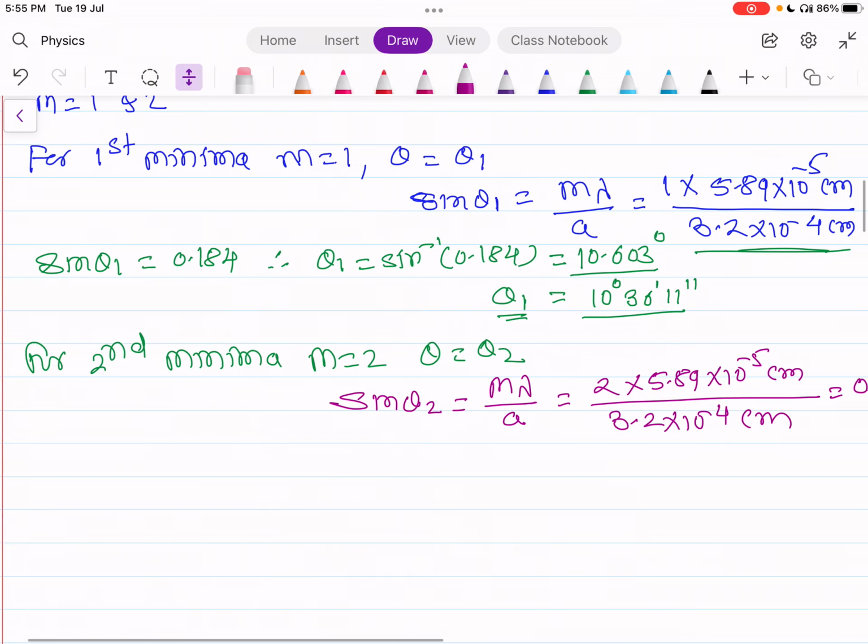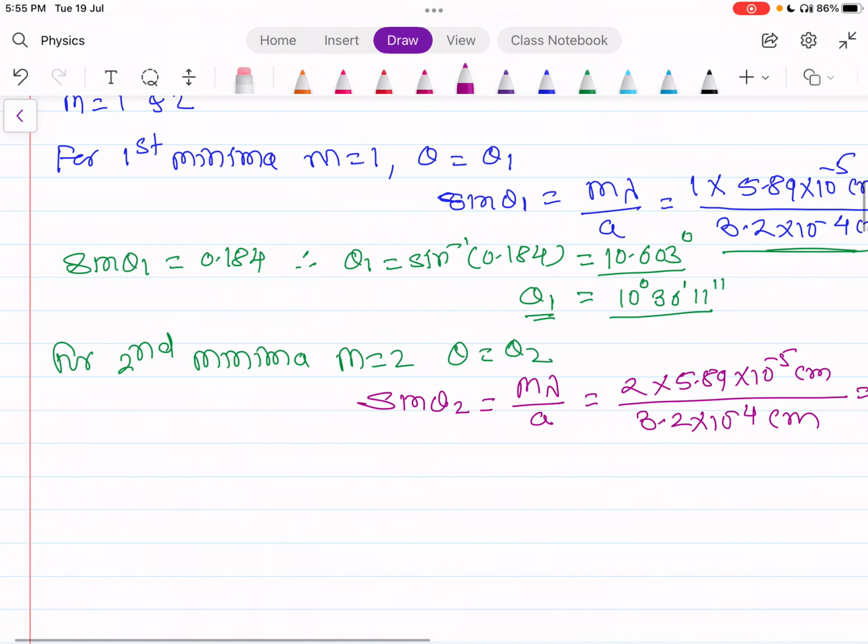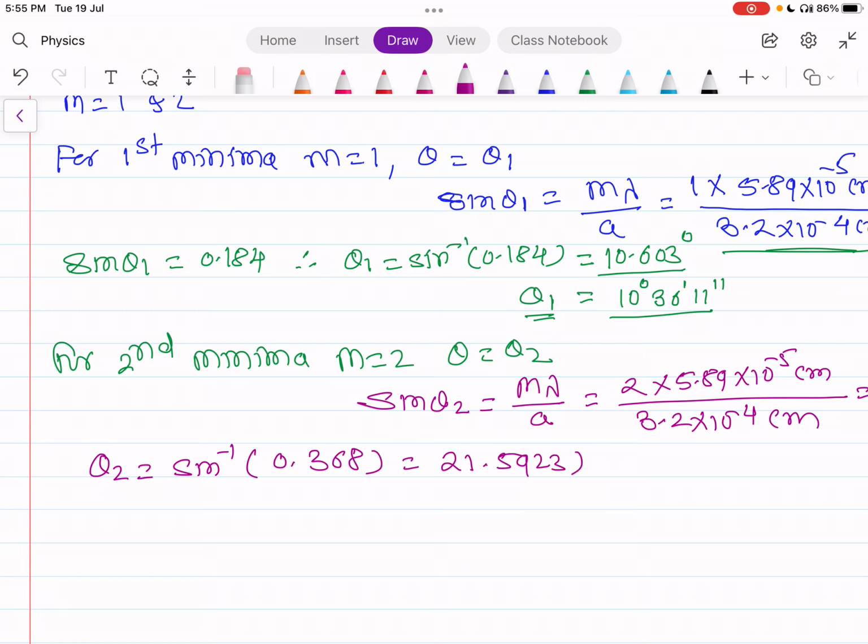Therefore theta 2 is equal to sine inverse of 0.368, and that is equal to 21.5923 degrees.